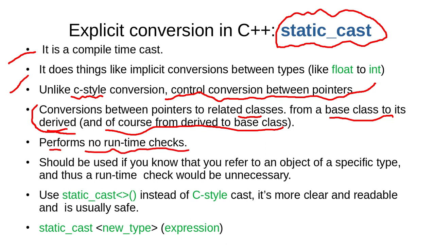There is no runtime check, it's only at compile time. It should be used if you know you refer to an object of a specific type, and thus a runtime check would be unnecessary. As we said, in static cast only the compile time check will happen.